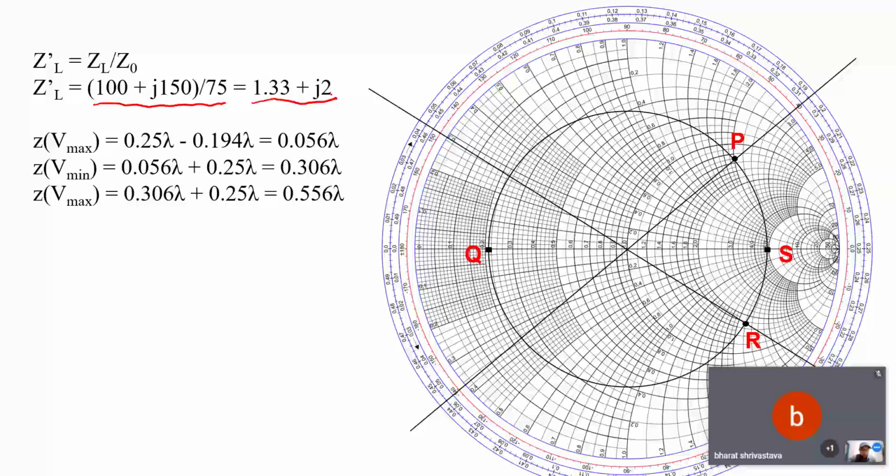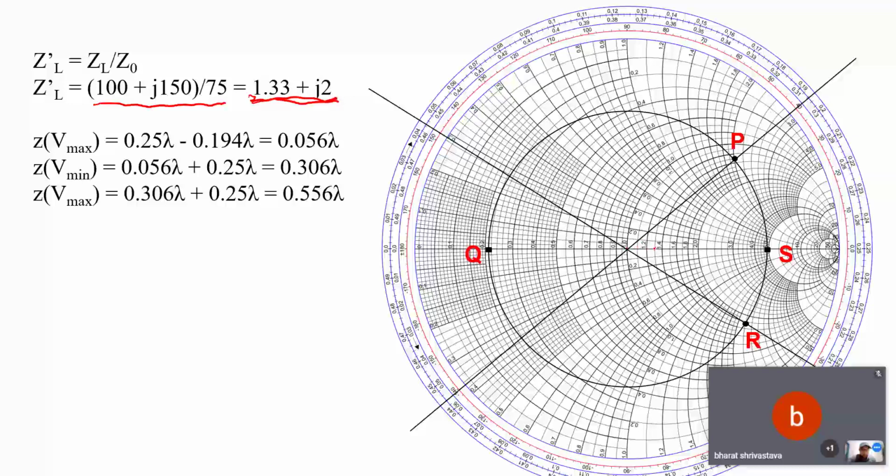Here is the resistance and this represents the reactance. This upper part represents the inductive circle, whereas the lower hemisphere represents the capacitive circle. For representing 1.33 plus j2, you have to first select the resistance.